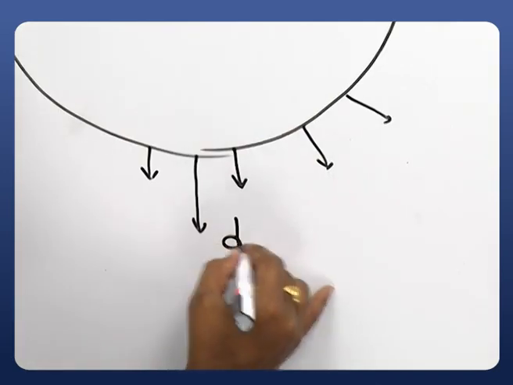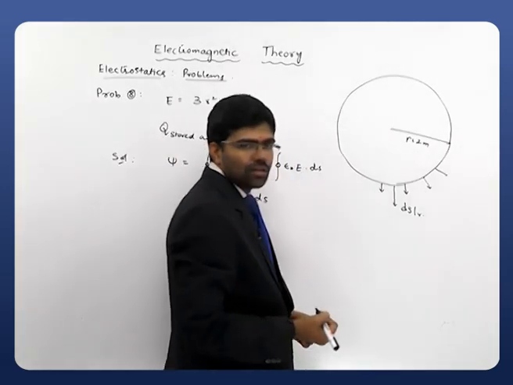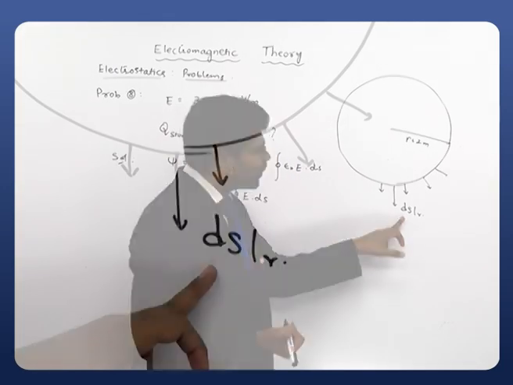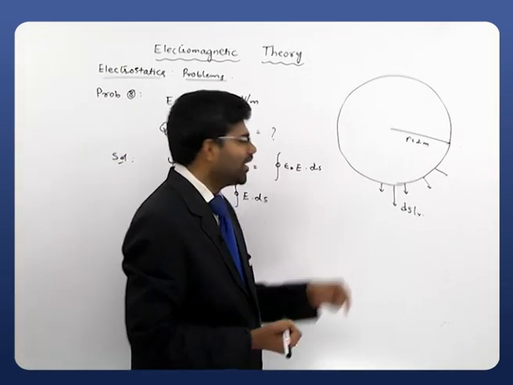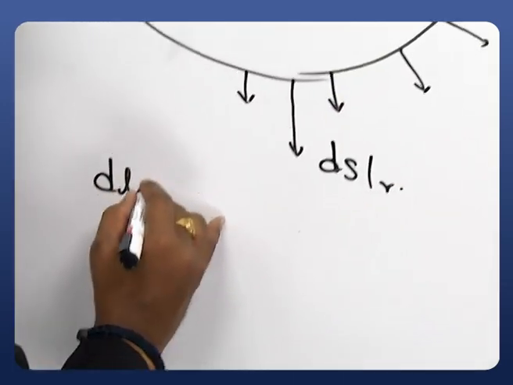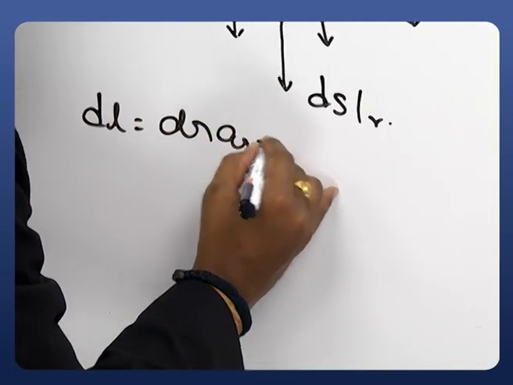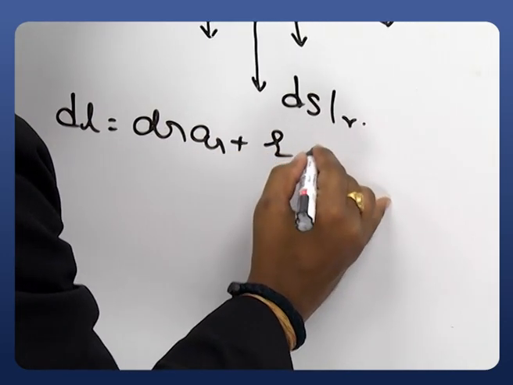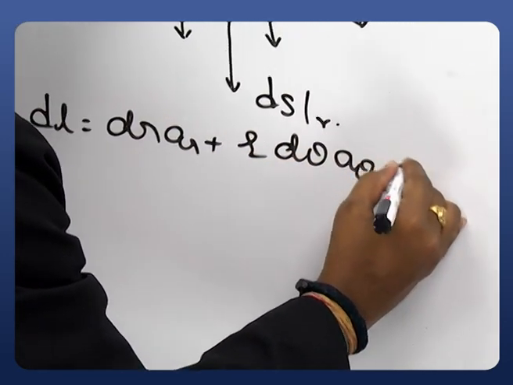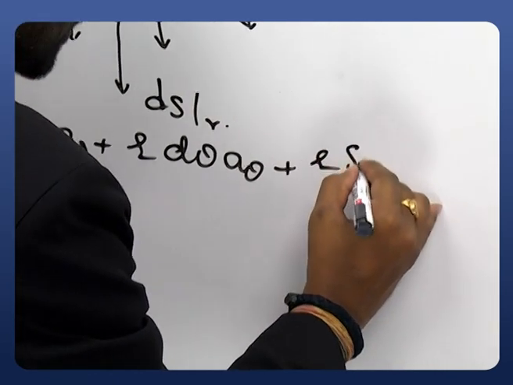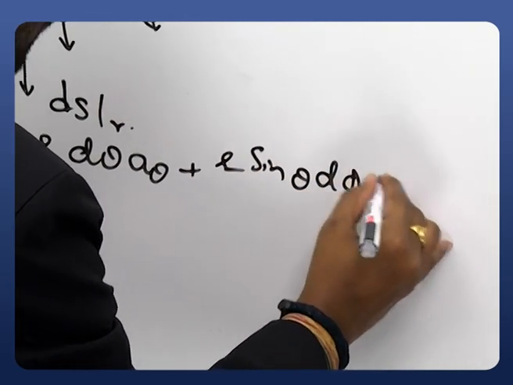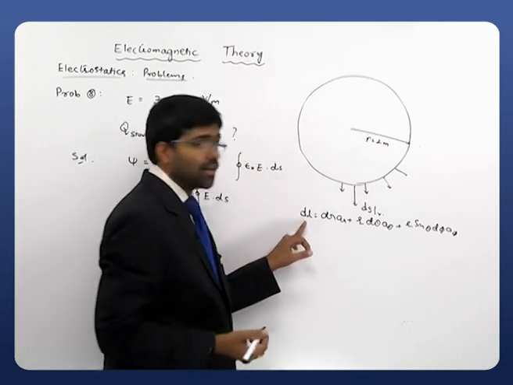How to write the equation for this? Once again, take your dl equation. Differential length is equal to dr ar plus r d theta a theta plus r sin theta d phi a phi. This is the differential length equation.